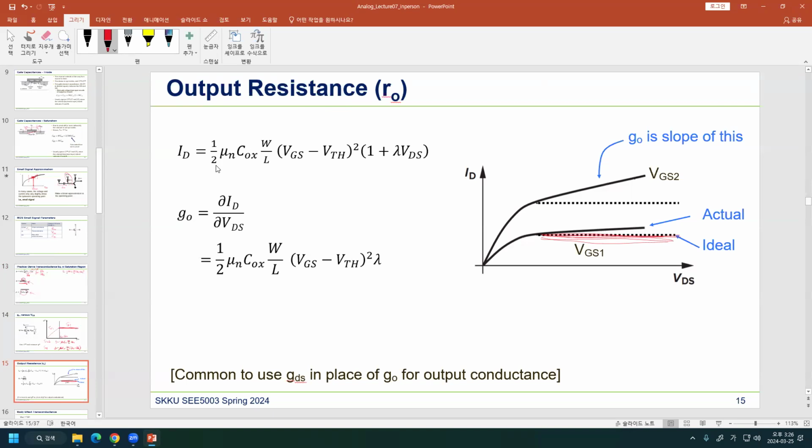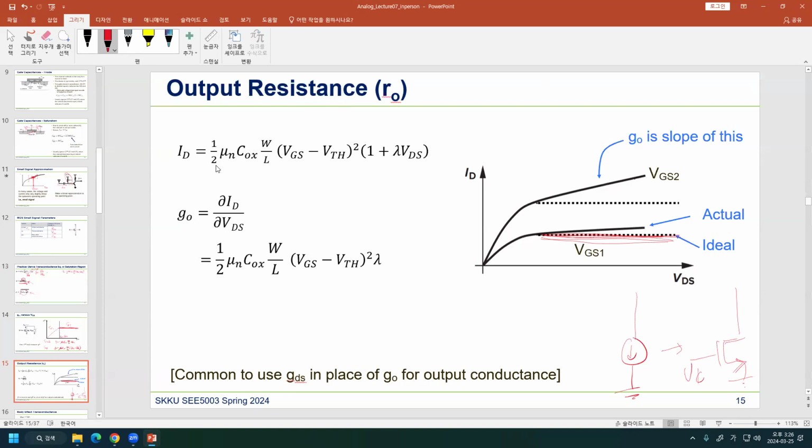This is good because in analog circuit design, we have to implement a lot of current sources, and the way we implement a current source is by using a MOSFET. I mean, we do have some cascodes or something, but let's say this is a simple MOSFET here.